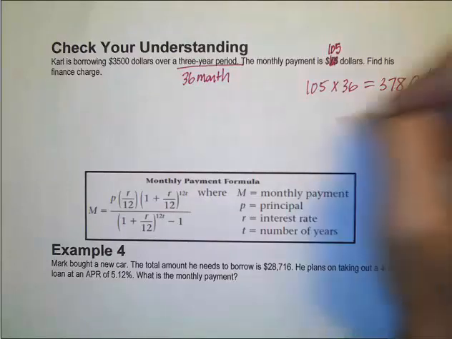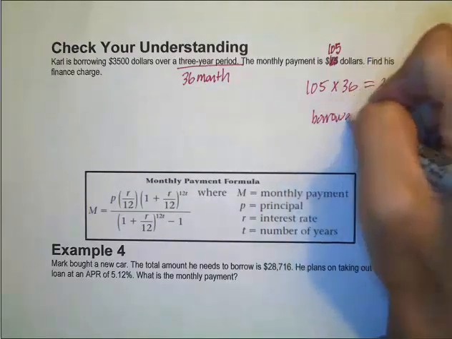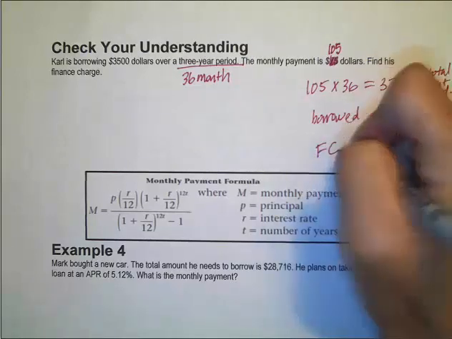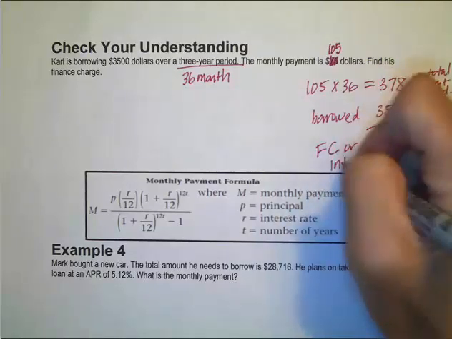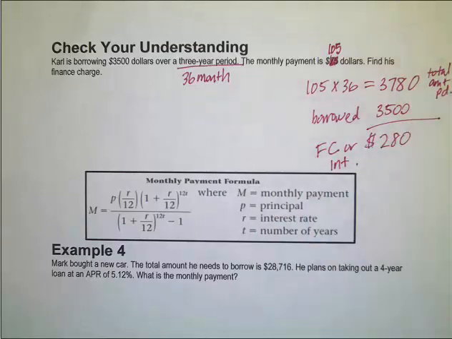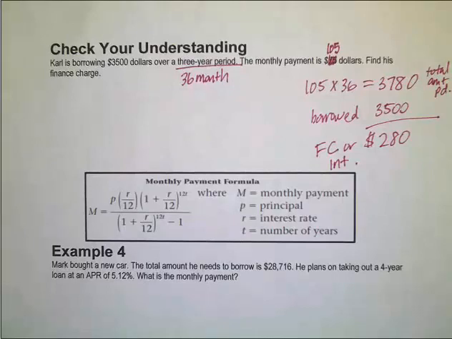So he borrowed $3,500. So your finance charge or interest is the difference. So $280 is what his finance charge or interest amount is. If you had used the 75, it wouldn't have worked.